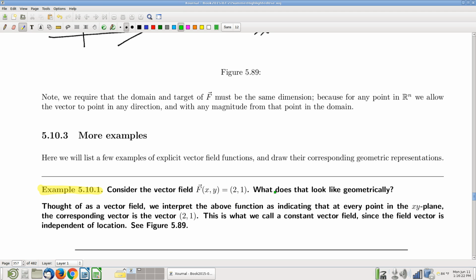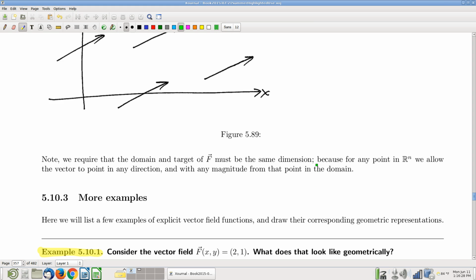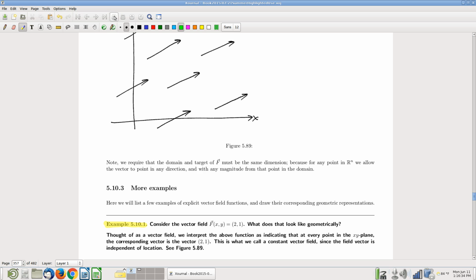So what does that look like? How would I represent this vector field geometrically? And here it is, up here. This does not quite fit. I'll zoom out. So for this point, the value of the vector field is 2 comma 1. And now wait a second, what about for that point?